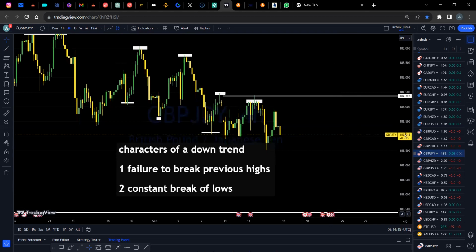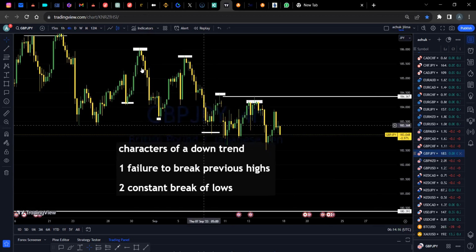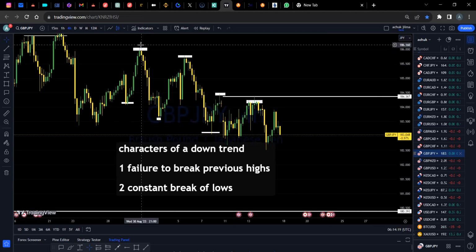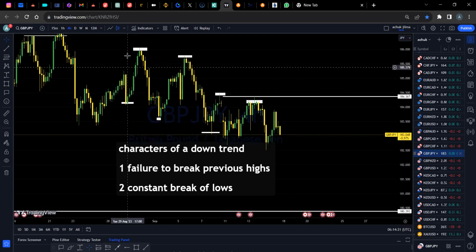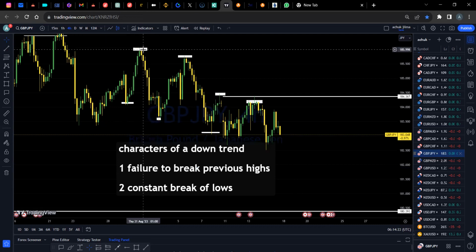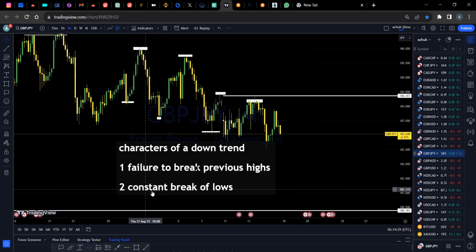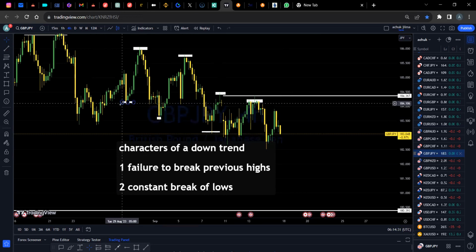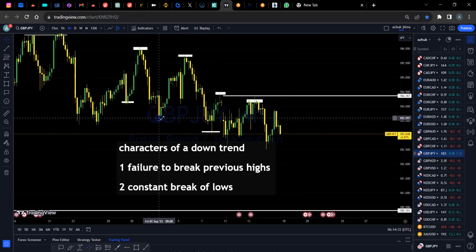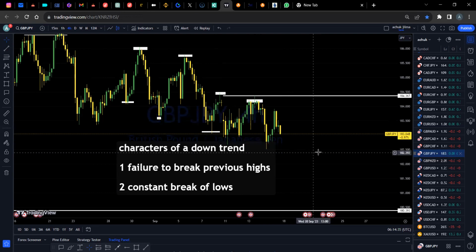So what am I saying? Characteristics of a downtrend: a failure to break the highs. This high is not broken by this, this one is not broken by this, this one doesn't break, and then another high. And then the lows, a constant break of the lows. These lows are being broken here, and then this low being broken here, like that.